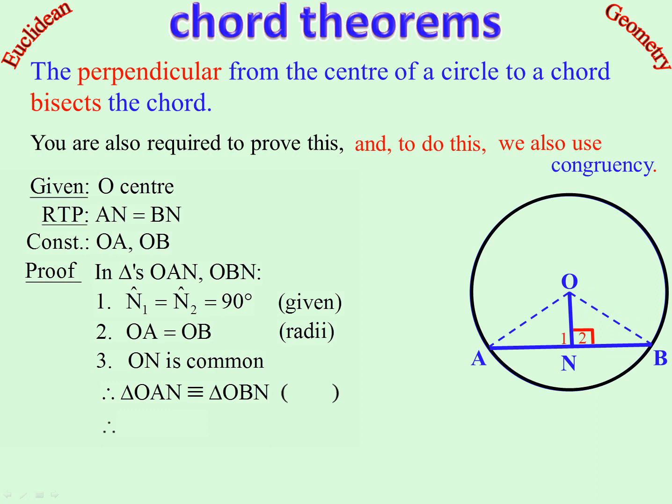So it's two sides and the non-included angle, which we cannot use unless it is the special case of right angle hypotenuse side, which it is, and therefore we say RHS. Therefore, straight away we could say, well, AN equals BN, or AN equals NB. And we will just say reference chord theorem as well.